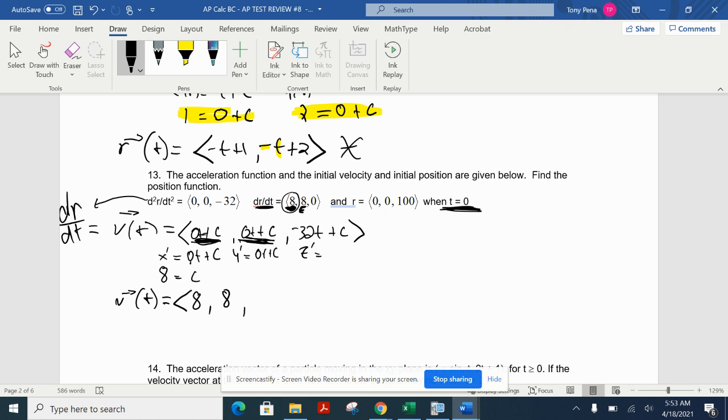So let's say not only moving left and right, up and down, but away or towards us. This would be a -32t plus that c. And then we now know at the time of 0, that rate of change is 0. So in this case, our c is a 0. So a bunch of constants for our velocity.